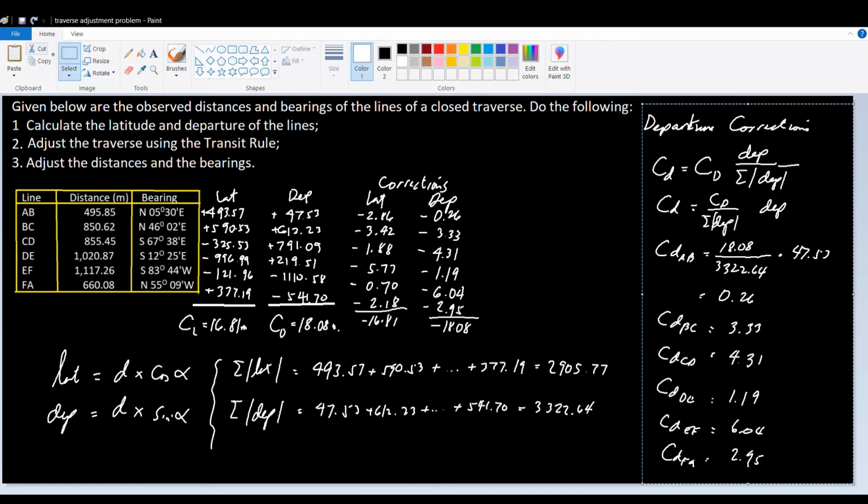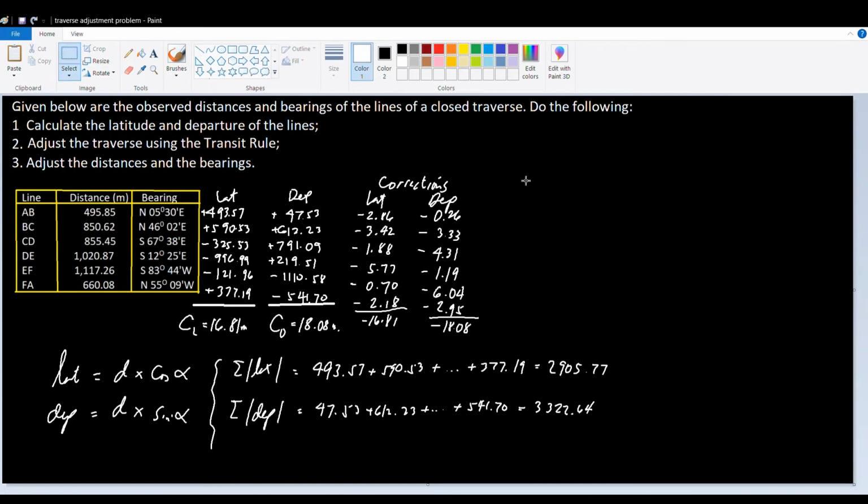So after getting the corrections for the latitudes and departures, we are now ready to adjust both the latitudes and departures of the lines. So adjusted latitude and adjusted departure.